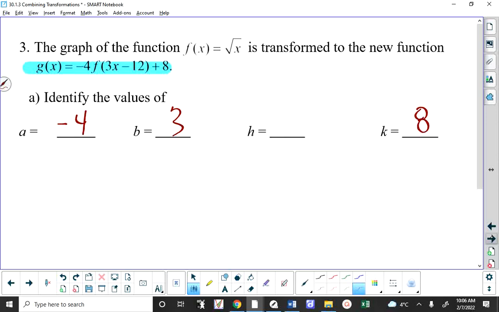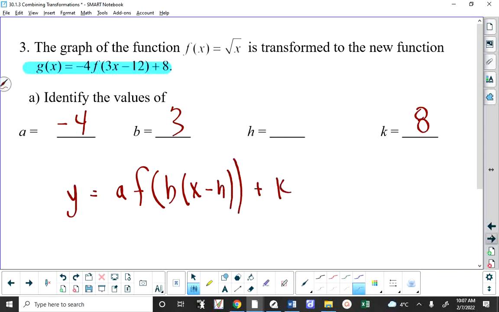Right. And the way you're doing it, you're kind of thinking backwards, and I'm going to think in the opposite direction to what you're thinking. The template is y equals af of b bracket x minus h bracket plus k. And what Shazmaida is saying is, since we have 3x minus 12 and we know that b is 3, h must be 4 because 3 times the -4 would give us the 12.